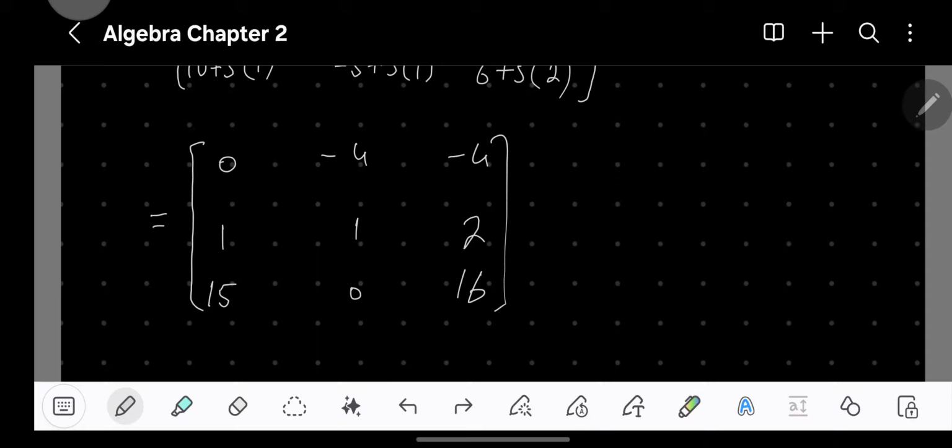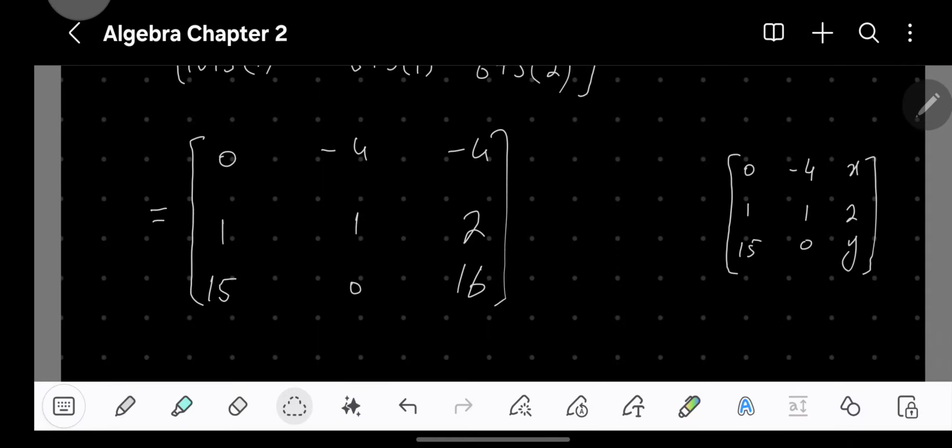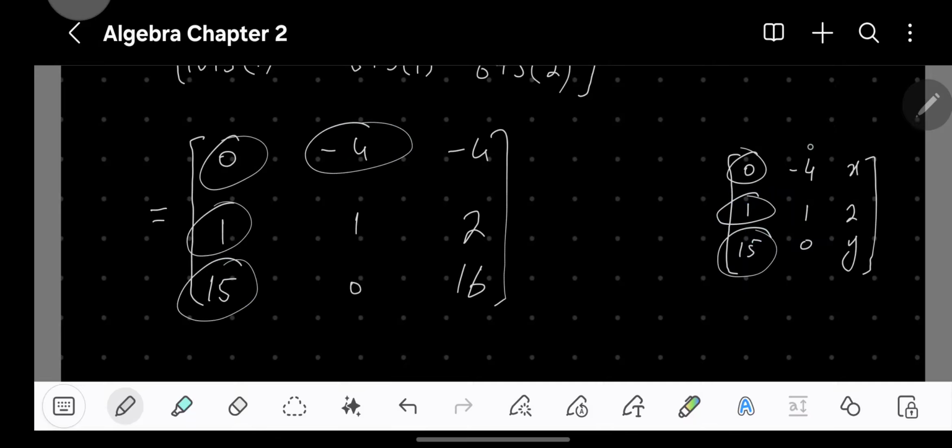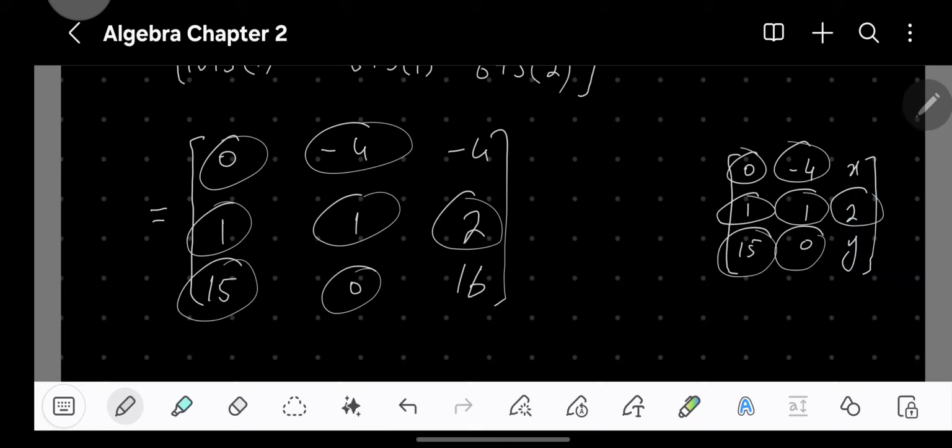Now if I compare this matrix to the matrix B, this 0 and this 0 correspond to each other. There is no change in this entry, no change in this entry, no change here. What's left?